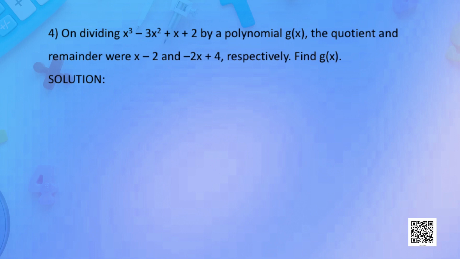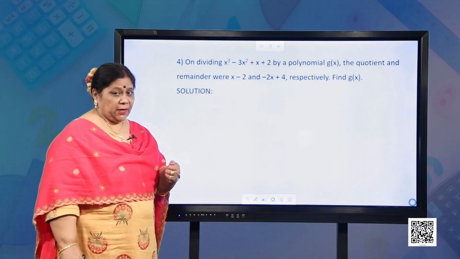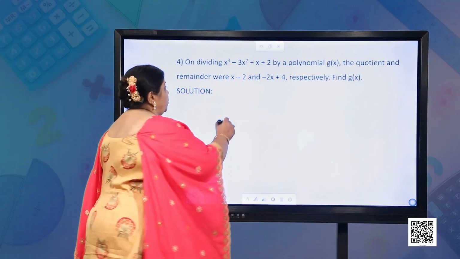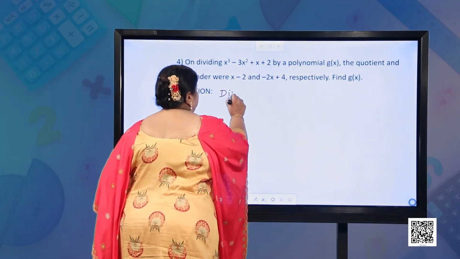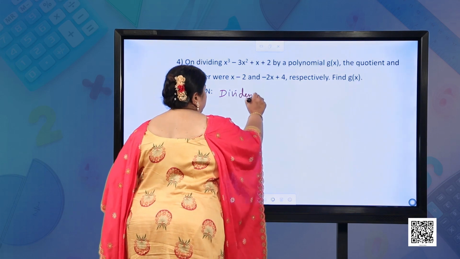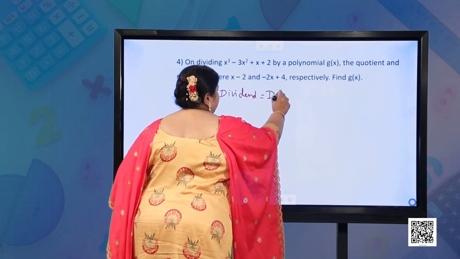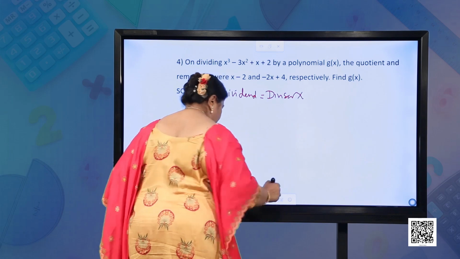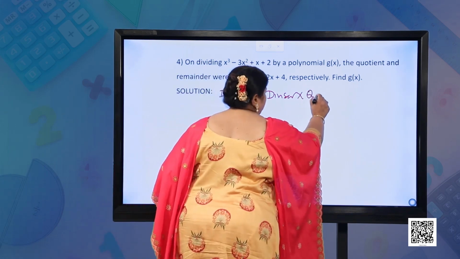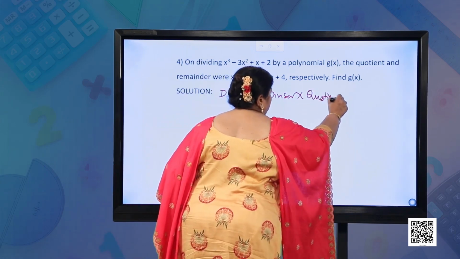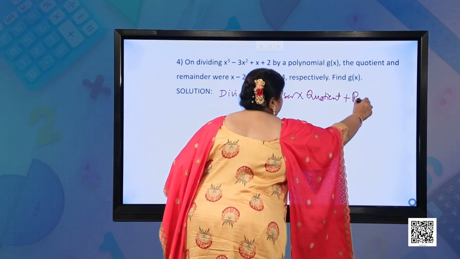Yes, on dividing x cube minus 3x square plus x plus 2 by a polynomial g of x, the quotient and remainder were x minus 2 and minus 2x plus 4 respectively. Find g of x. So, we remember what is dividend? Dividend is equal to divisor into quotient plus remainder.